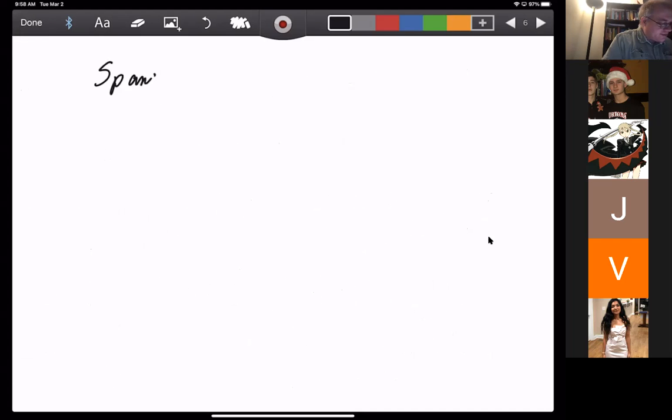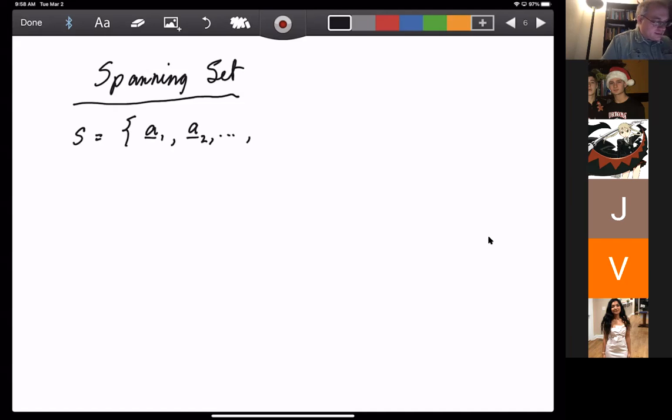So we're going to define what's called a spanning set. So S again is going to be a set of vectors. There's going to be K of those. K is arbitrary.